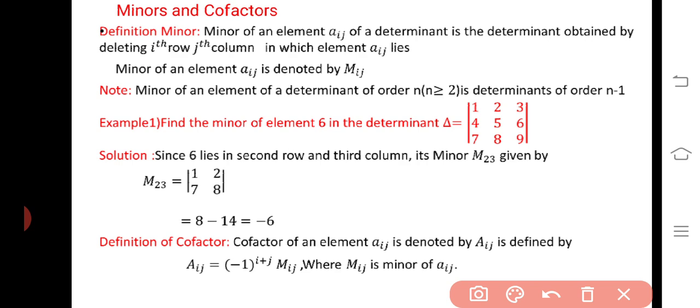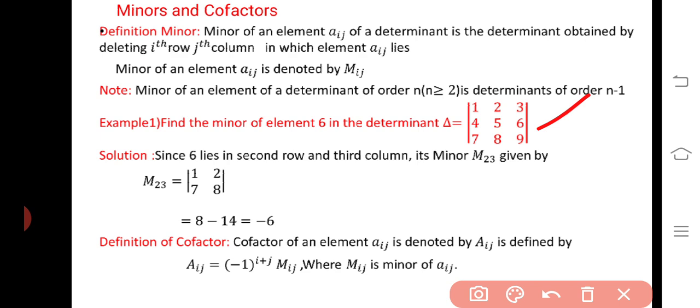Before we start with the examples, there is a note: the minor of an element of a determinant of order n, where n is greater than 2, is a determinant of order n minus 1. To understand this note, let us take an example: 1, 2, 3, 4, 5, 6, 7, 8, 9.